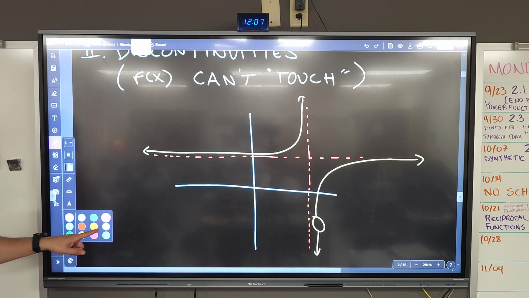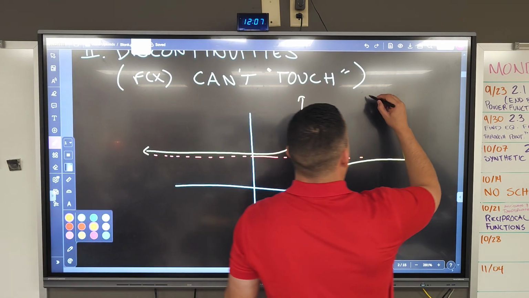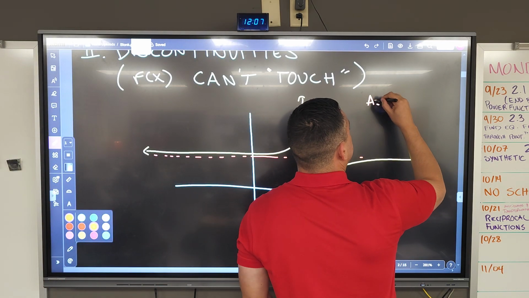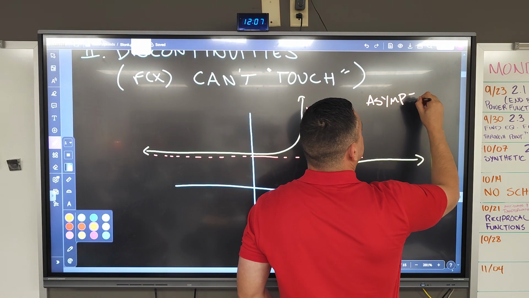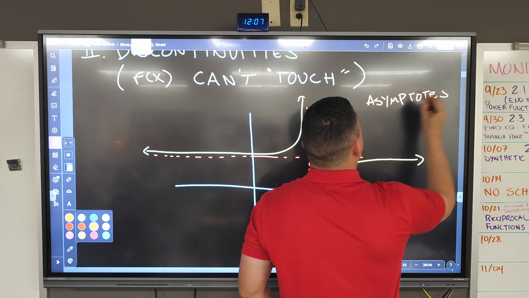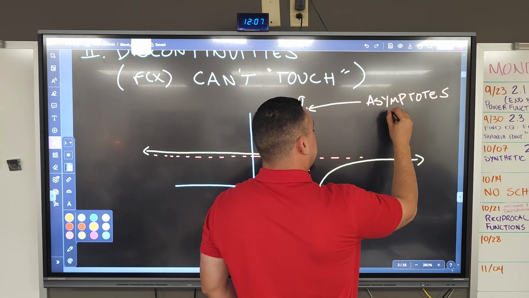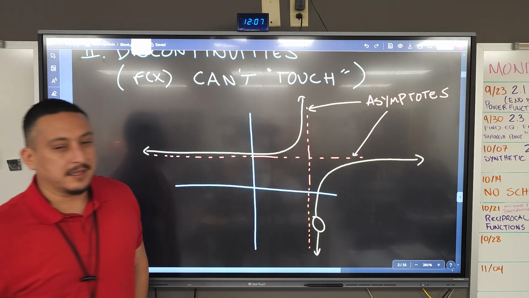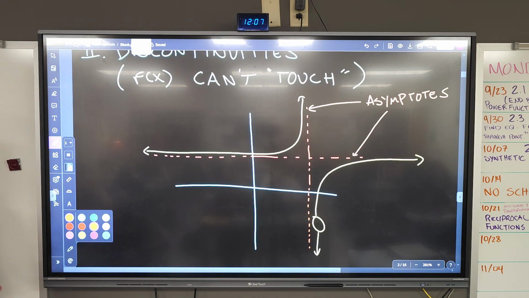Okay. So here's what discontinuities are. Asymptotes, so that one and that one. Those are discontinuities because you can't touch them.